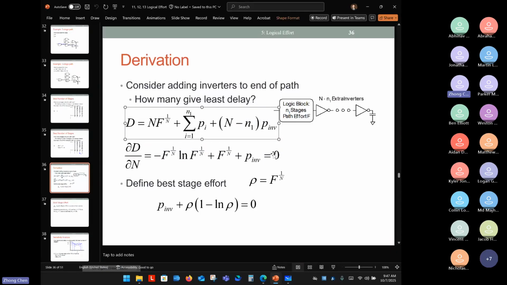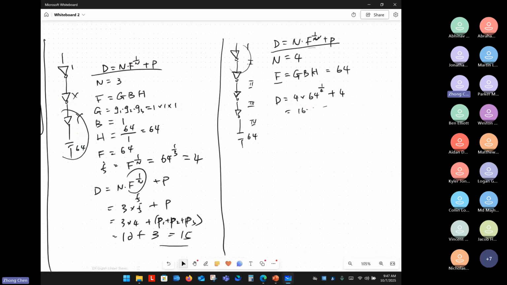So in order to get this equal to 0, I will get the best number of stages, and with this particular number of stages I can achieve the smallest delay. If I go back and draw the plot of delay time versus the number of stages, the first stage is 65, then you have 18, then 15, and then 15.3.